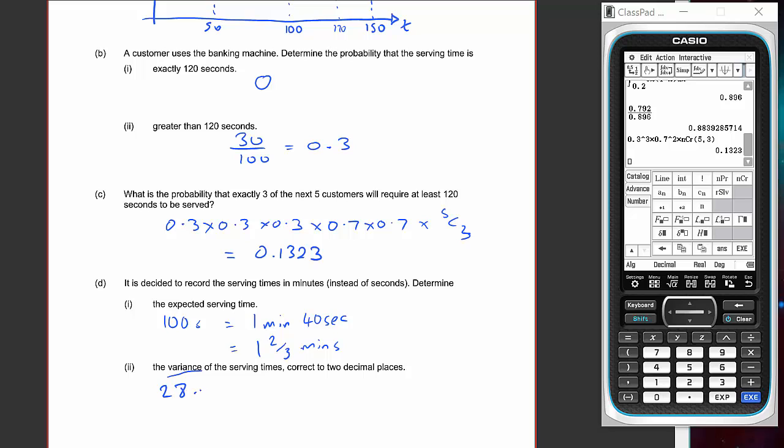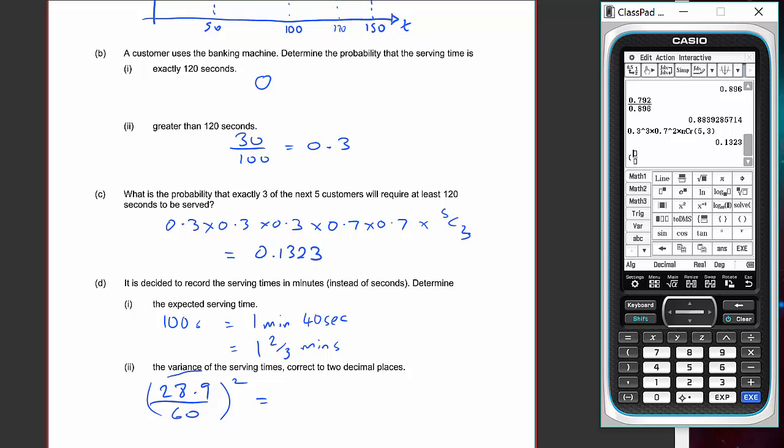So 28.9, change that to minutes, divide by 60, and then to get variance we'll just square. So let's use a bracket, so that is going to be 28.9 divided by 60, and then we're going to square that. So that'll give us 0.2320.